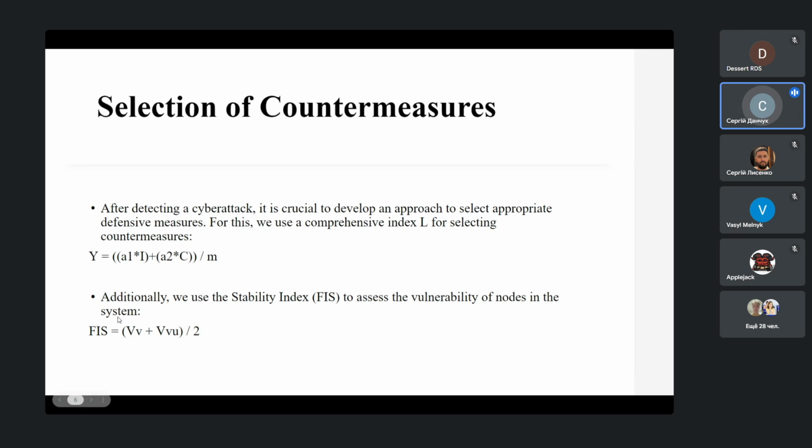In addition, we use the stability index to assess the vulnerability of nodes in the system.